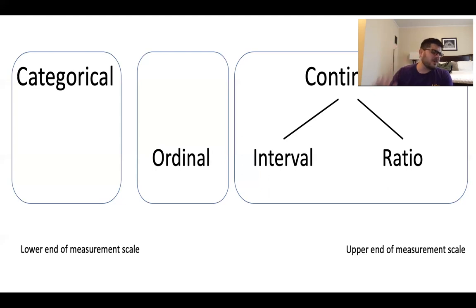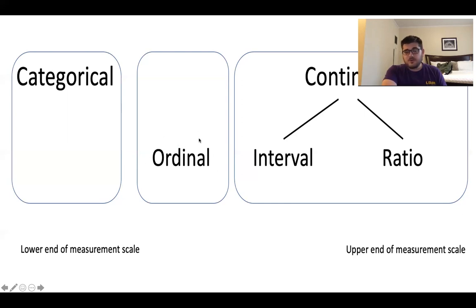Oh, there's creative writing. I forgot about that. You've got to make sure your categorical variables cover all of the potential levels of that category. So this is the low end of the scale, but it's very important. A lot of variables you're going to be dealing with are categorical variables.